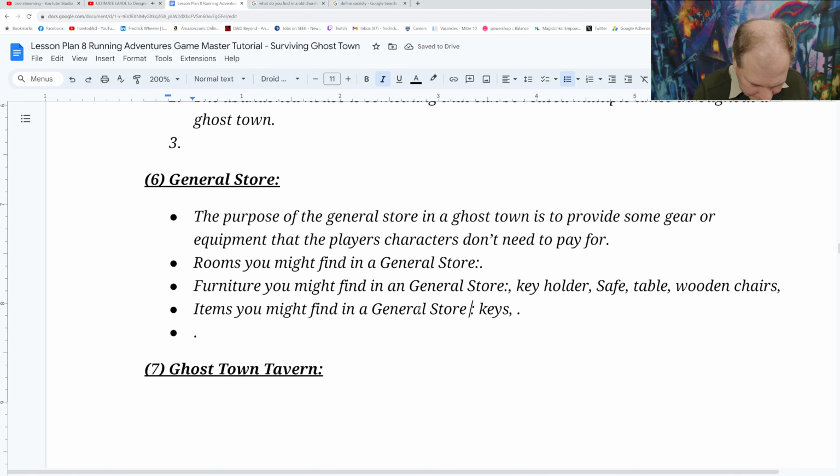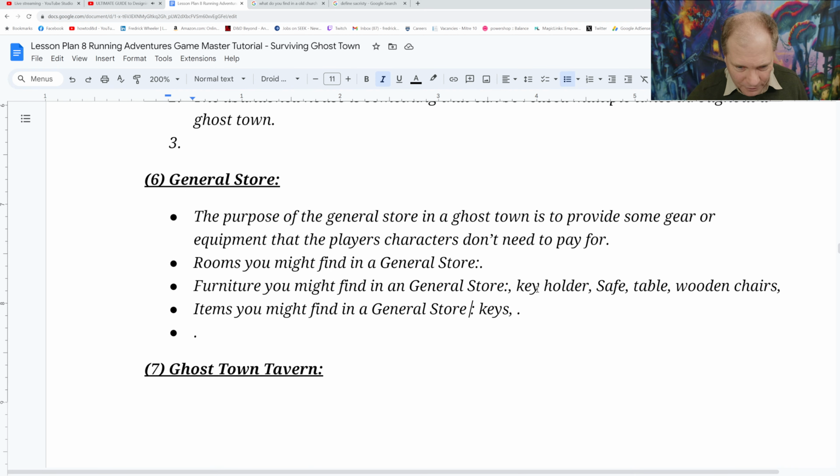Getting there. Okay, so have I got... yes. Well, we know what our purpose is for our general store, which is wonderful. So we don't have to worry about this. Okay, let's do this one.